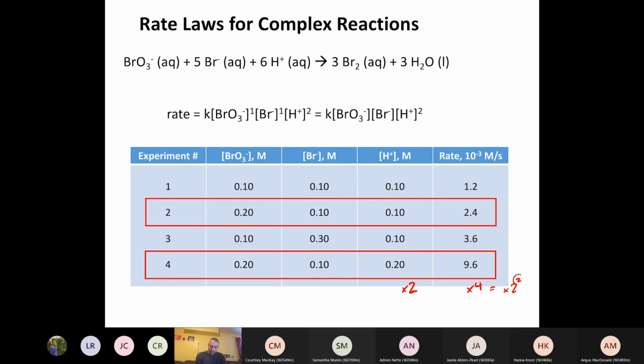So that means the exponent is going to be a 2. And so you can see we have determined the last exponent in our rate law, which is equal to 2. So what would you say the order of this reaction is? We have a 1, we have a 1, and we have a 2. 1 plus 1 plus 2 equals 4. We'd say this has a fourth order rate law.